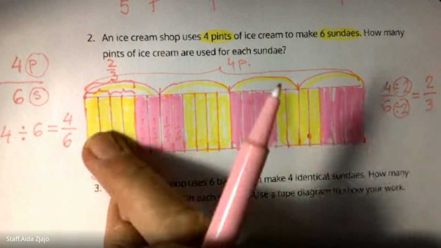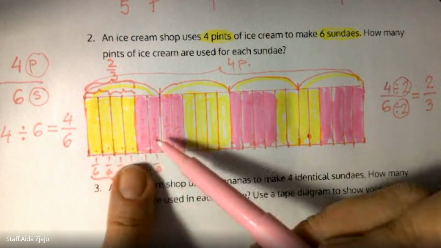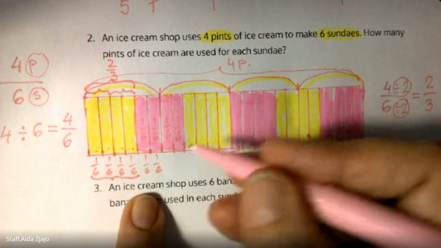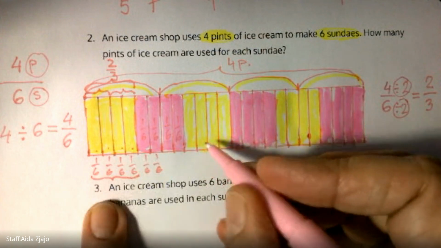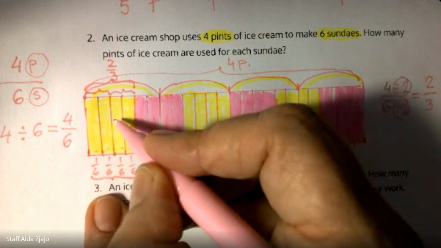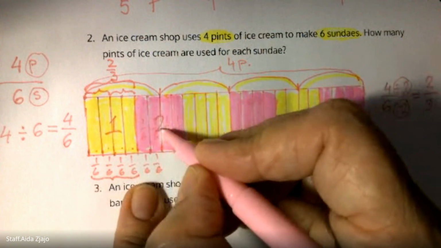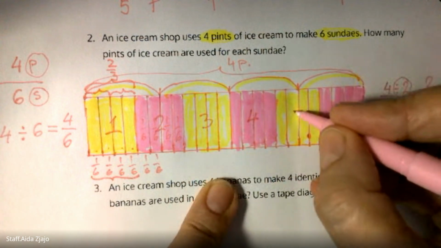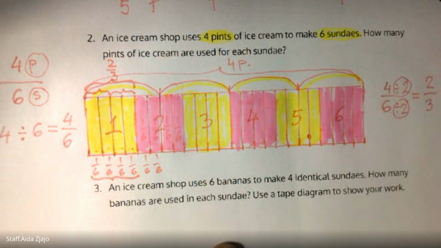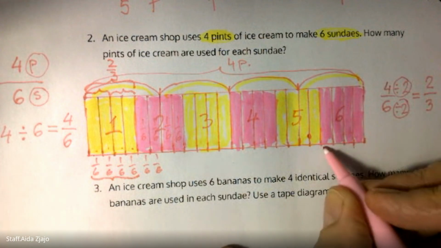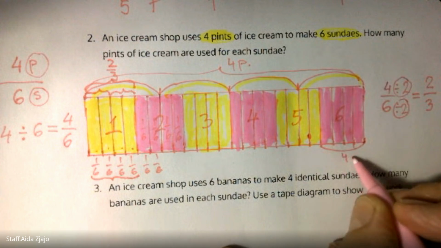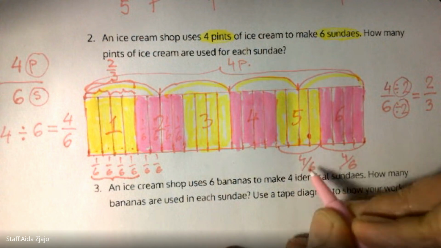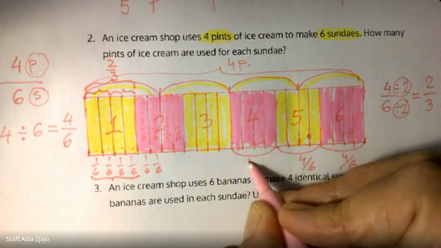We divide each pint into 6 pieces, and then we combine 4 equivalent pieces to make a sundae. So this was 1 sundae. This was the second sundae, third sundae, fourth sundae, fifth sundae, and sixth sundae. Each takes 4/6 to make.